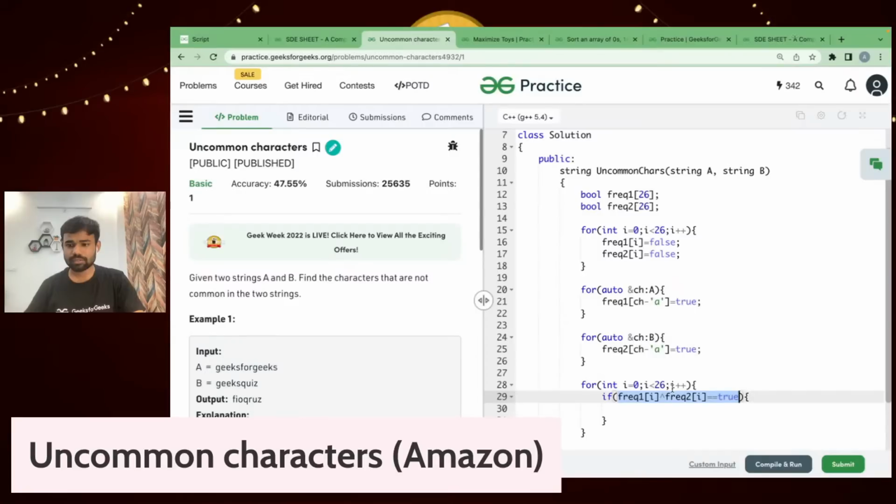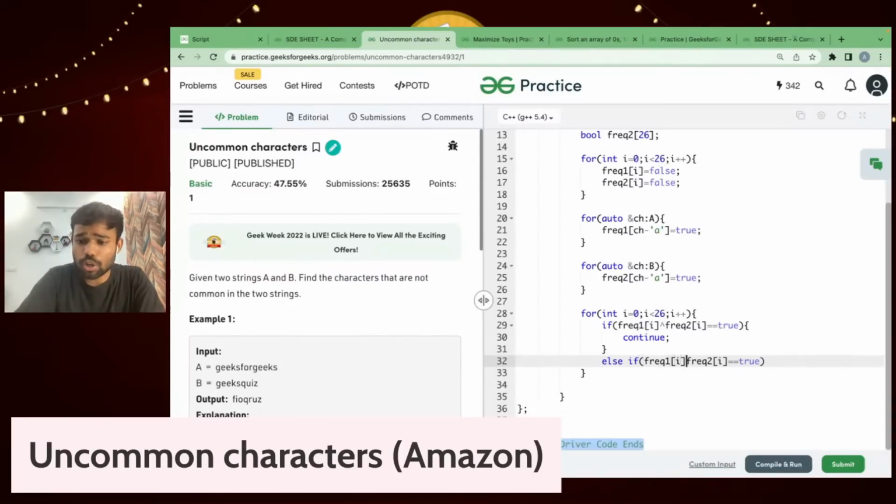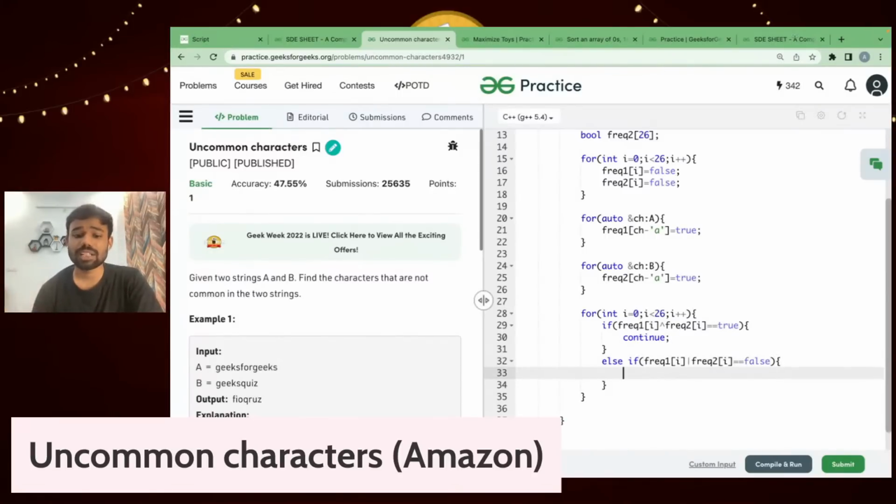Yeah, if it's true, that means it's not unique. So if that is true, in this case we will continue. The next thing is else if the or of these two characters is false. If or is false, that means that character is not even present in both the strings, then also we don't have to take it.